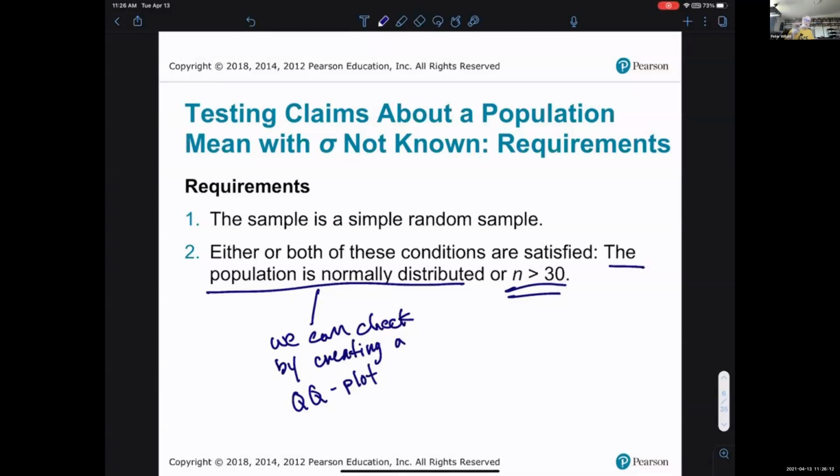And if it seems to line up in a somewhat straight line without some systematic deviation, then that gives us an argument that the population's values are normally distributed. So if you had a smaller sample size of maybe 25 or 20, then you would want to perhaps make a QQ plot of those sample values to see if it's justified to believe that the population is normally distributed. Because if you don't have more than 30 people, then you're relying on the population being normally distributed for the techniques that we're going to go through for a hypothesis test to work.